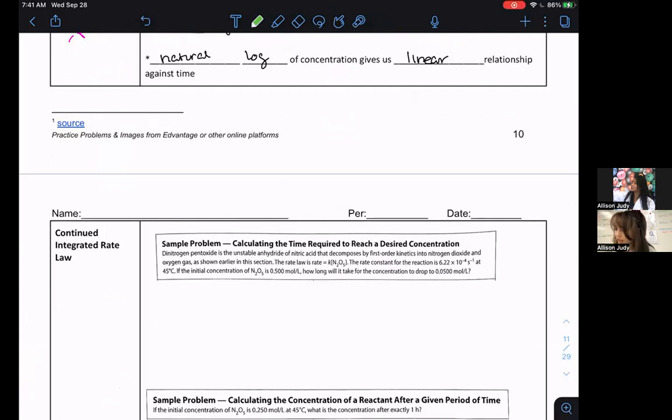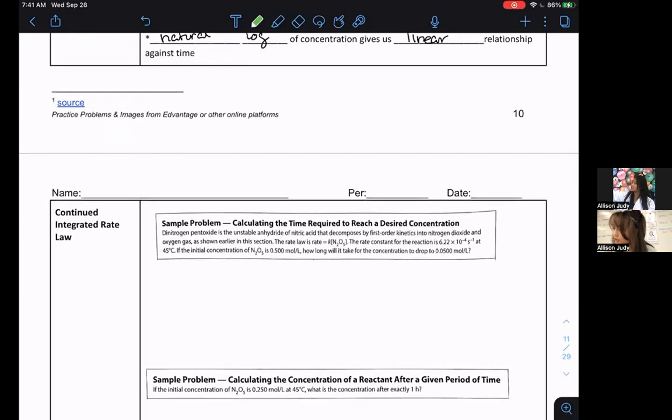At 45 degrees Celsius, if the initial concentration of N2O5 is 0.5 moles per liter, or molarity, how long will it take for the concentration to drop to 0.05? Essentially, how long will it take us to use up 0.45 of the concentration? What is that, almost 90% of the reactant N2O5? How long will it take us to use up at least about 90% of that? Okay.